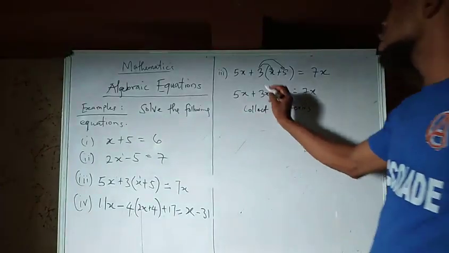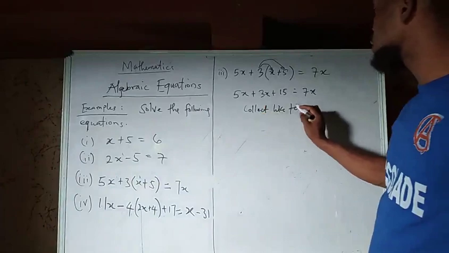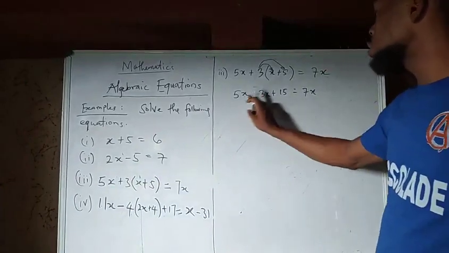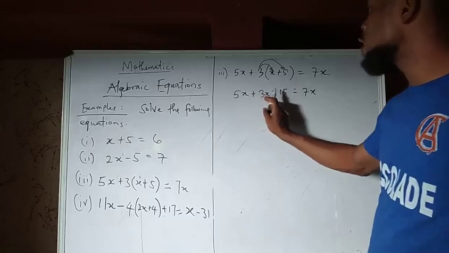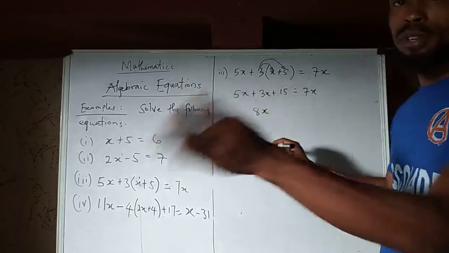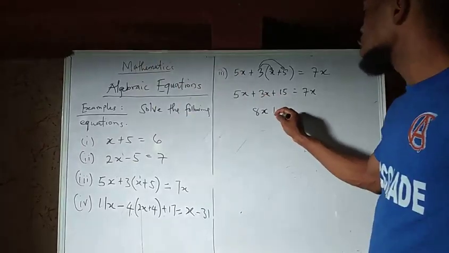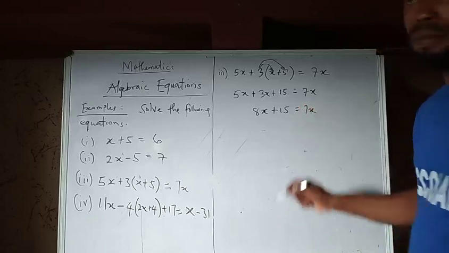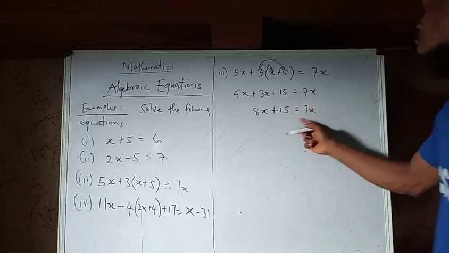So that's the arrangement. First of all, before we collect like terms, let's simplify here. 5x plus 3x is going to be 8x. So plus 15 equals 7x. So now what do we do?